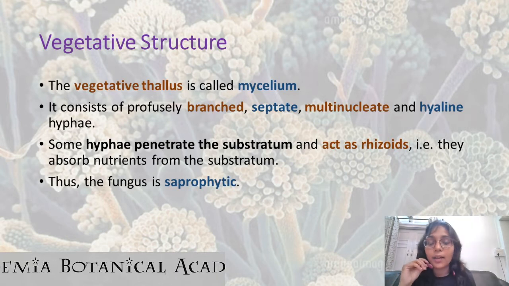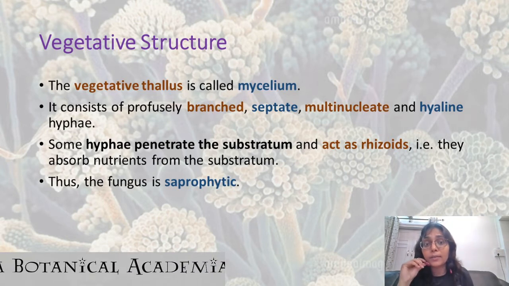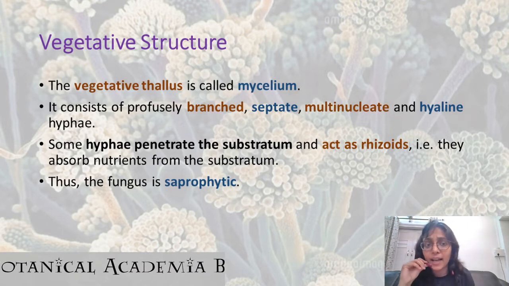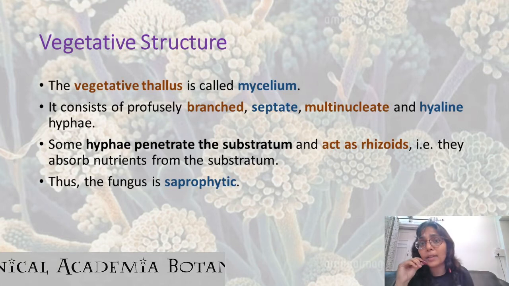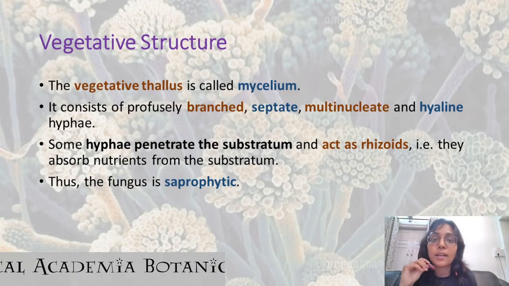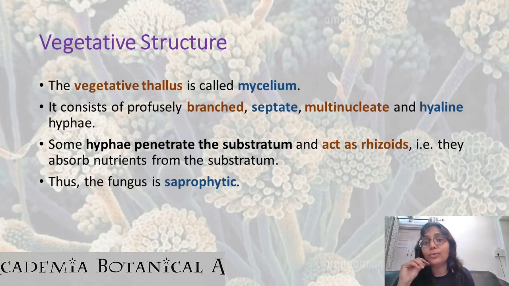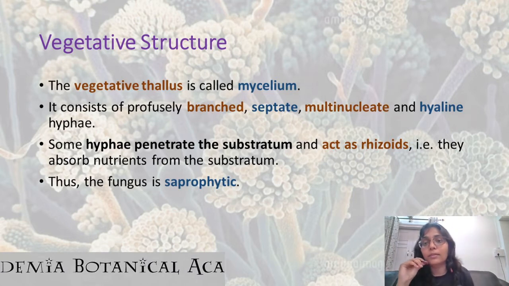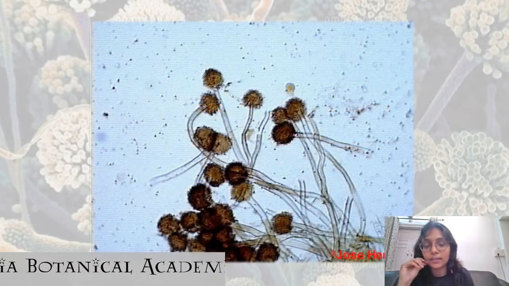Here the hypha is septate. The hyphae penetrate the substratum and sometimes may act as rhizoids as well. That is why this fungus is saprophytic, but if it gets a host, it becomes parasitic. In human beings, it causes a disease called aspergillosis.